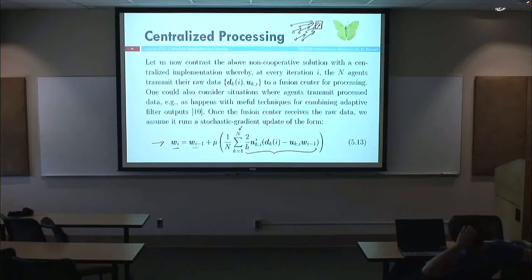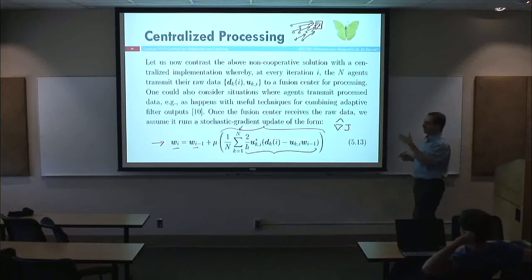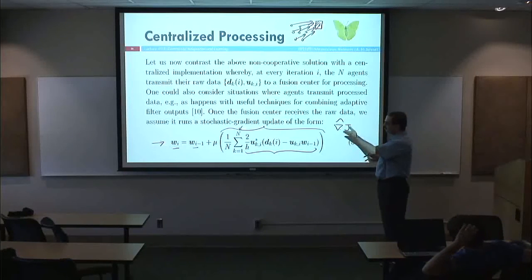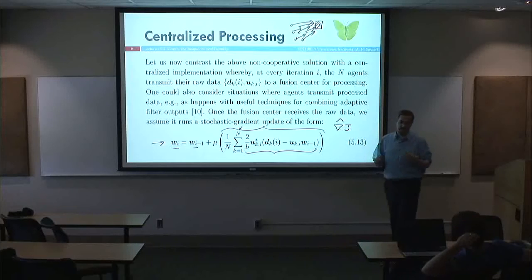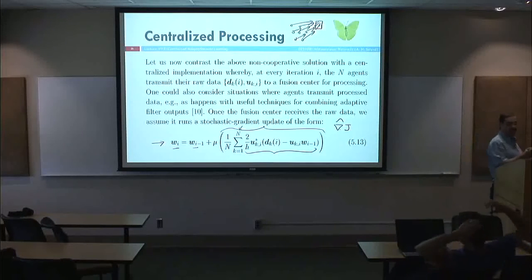The new weight is the old weight plus an approximate gradient term, and I'm going to show you that it can be interpreted as a stochastic gradient algorithm for some function J.